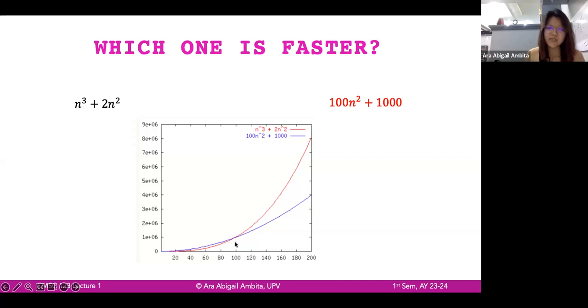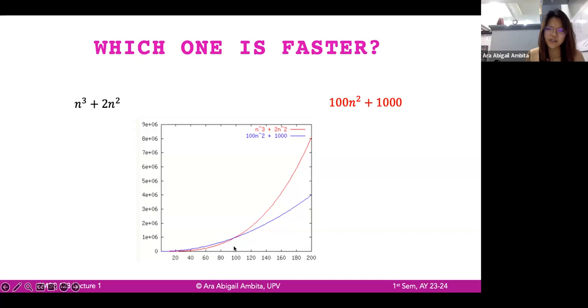But if we see here in the graph, on input sizes less than 100, we can actually see that the n squared is much slower compared to n cubed. The red line is the n cubed, and its running time is lower there.